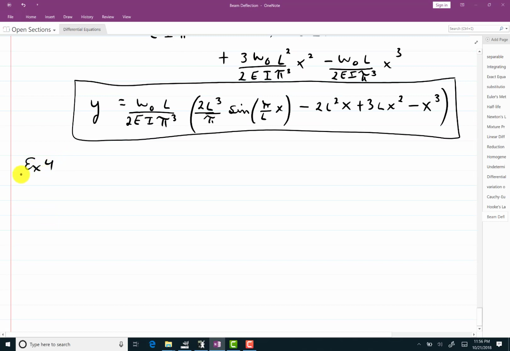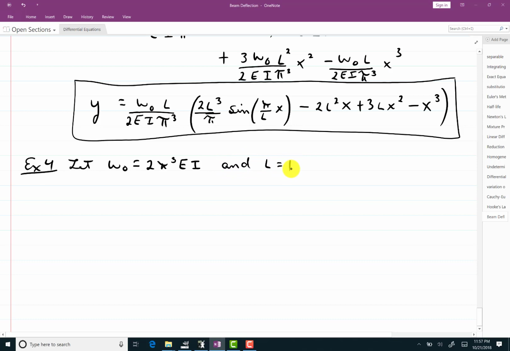For the last example, let's just take a look at what kind of deflection happens with this particular problem. So let's let W naught equal 2 pi cubed EI and L equal 1.